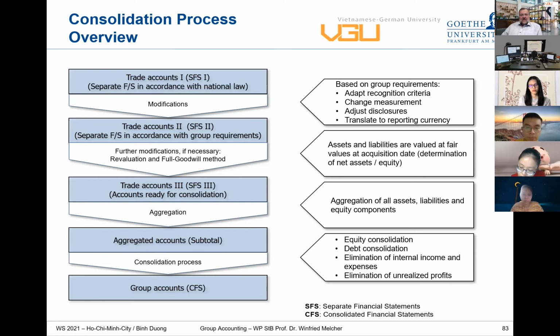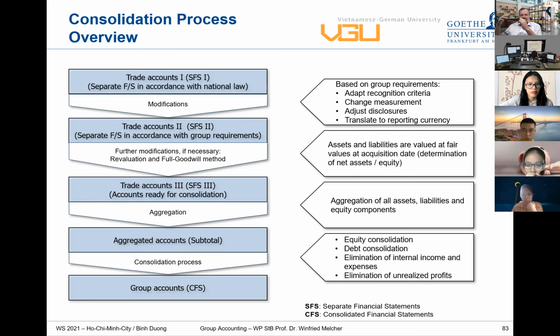We will look into the details later, but basically it is the elimination of a receivable of one of the group companies against a liability of another group company, because those in theory should match.